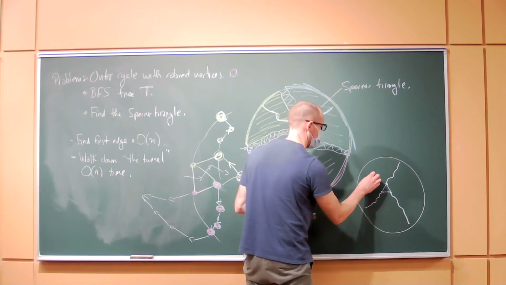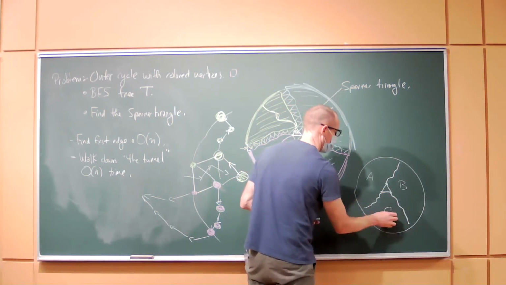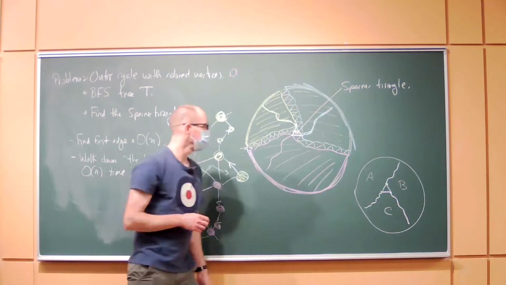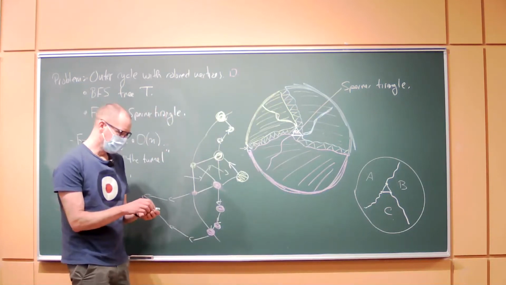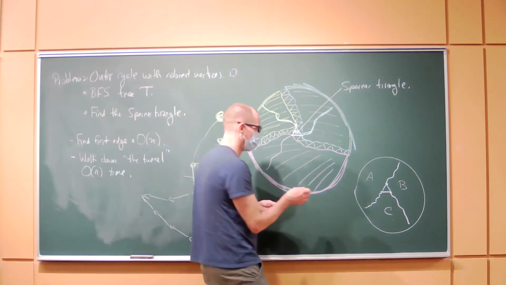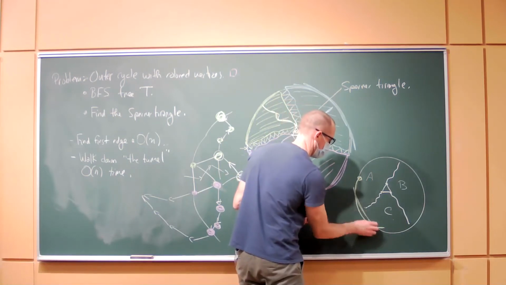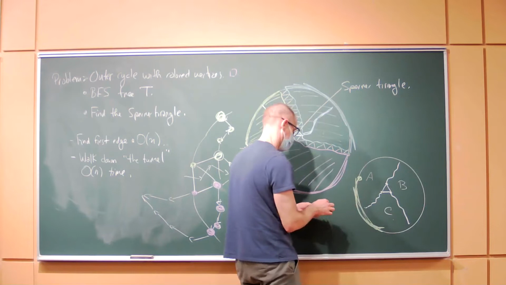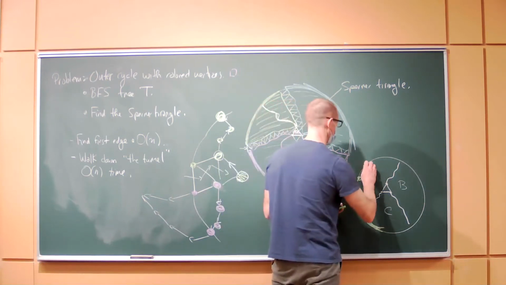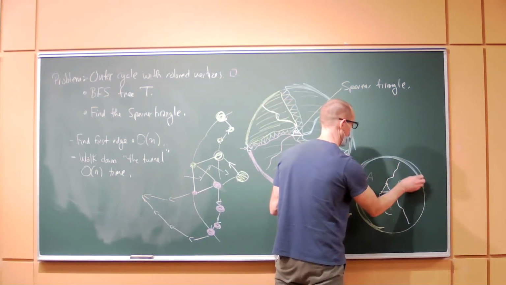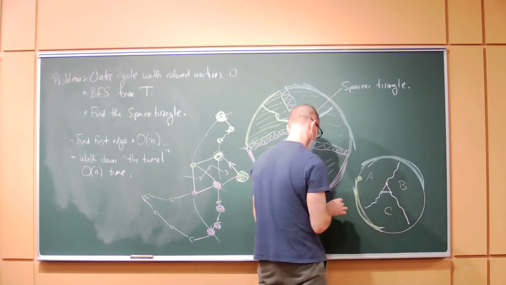are going to recurse on the three parts of this problem, A, B, and C in this picture, except now the picture is going to look like this. There's still the stuff that was colored before on the outer face.